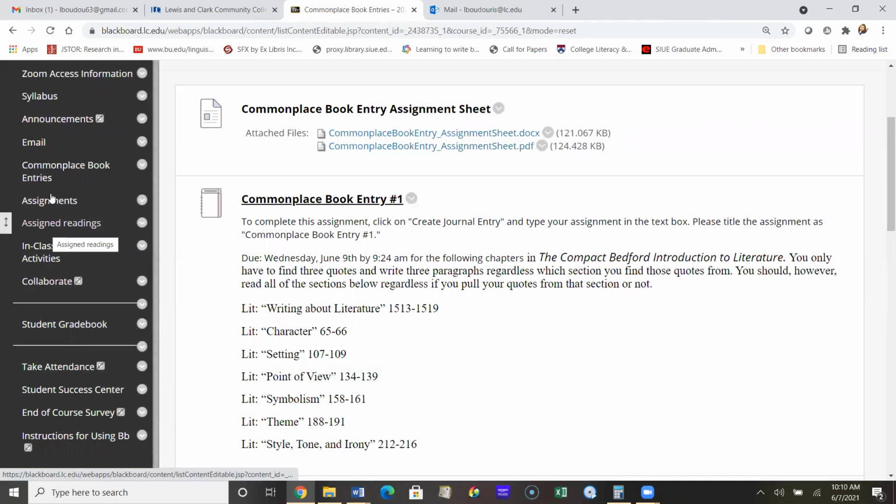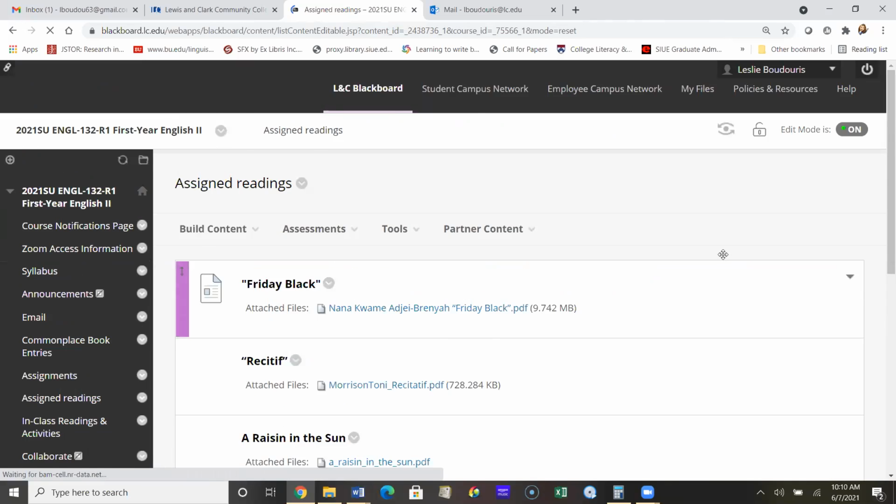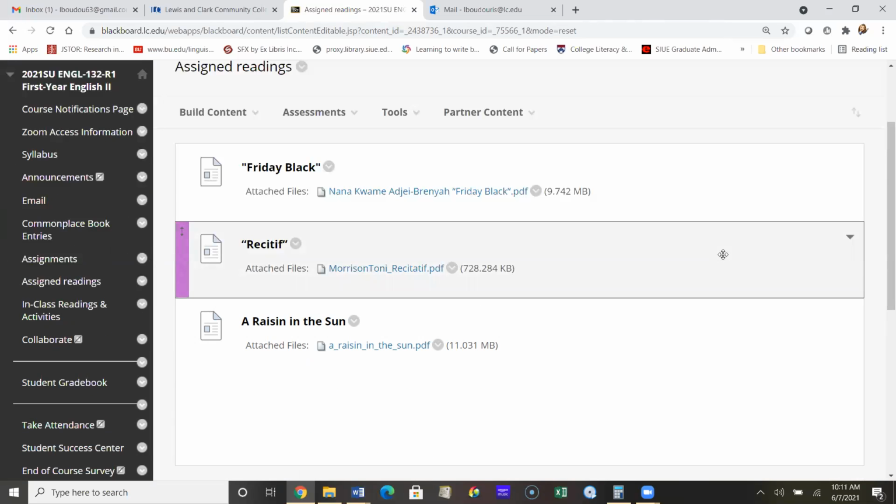There are also 2 readings tabs right next to each other. Assigned readings means that I have assigned this reading for you to read outside of class. More than likely, anything under this tab, there's a complex book entry for. In-class readings and activities is anything we do in class.